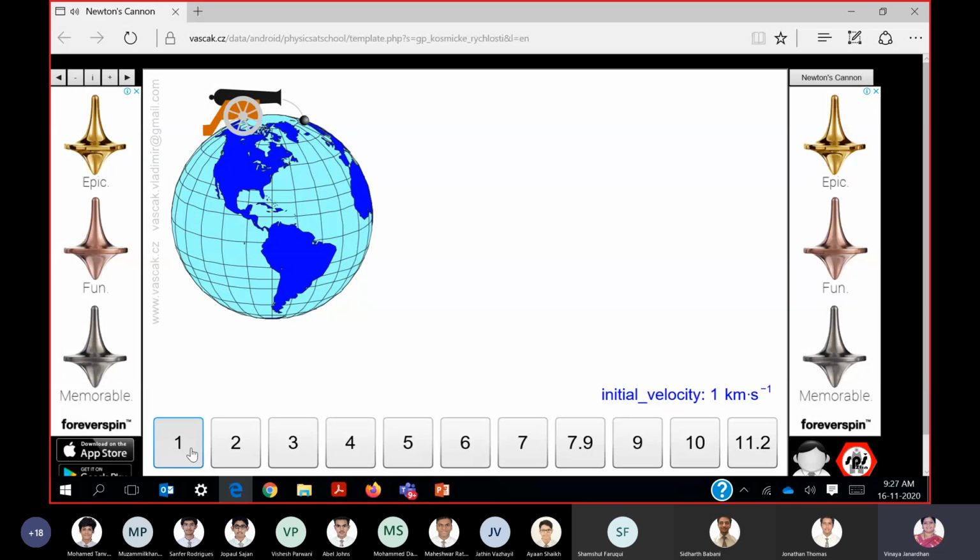When the cannon is fired with a speed of 1 kilometer per second, it falls on the surface of the Earth. Now I'm increasing the speed to 2 kilometers per second. Can you see the curvature keeps increasing, and the range of the projectile keeps increasing?